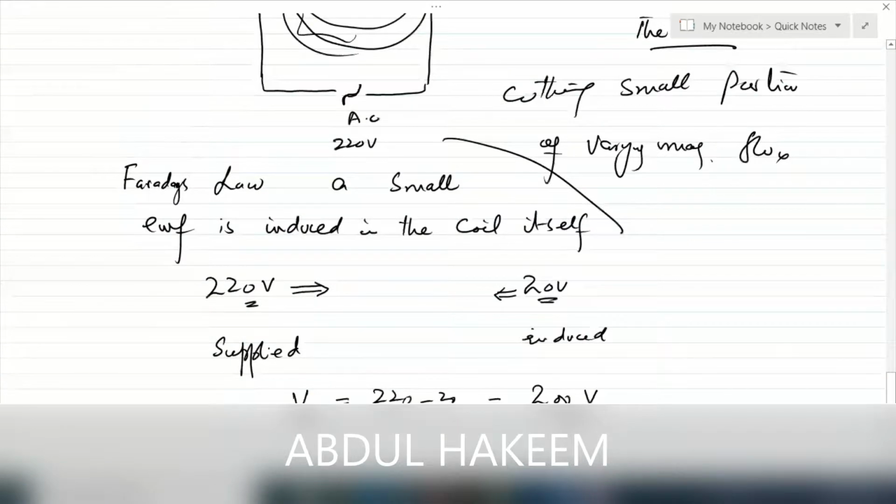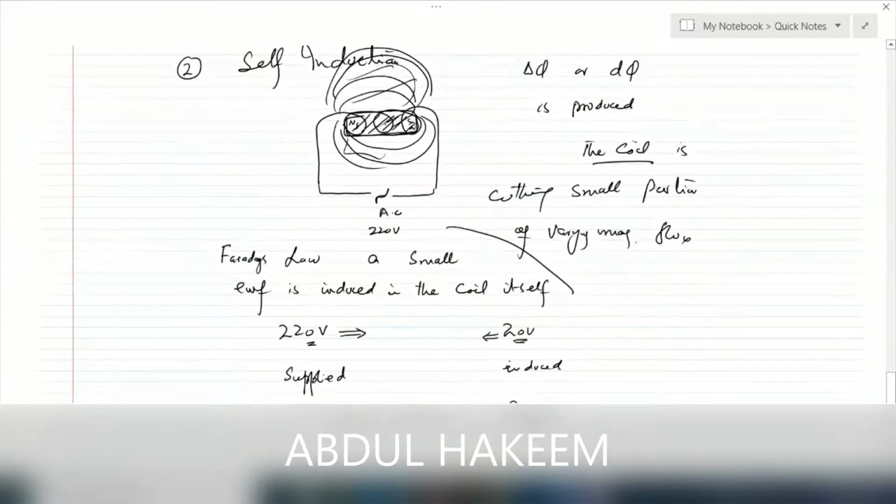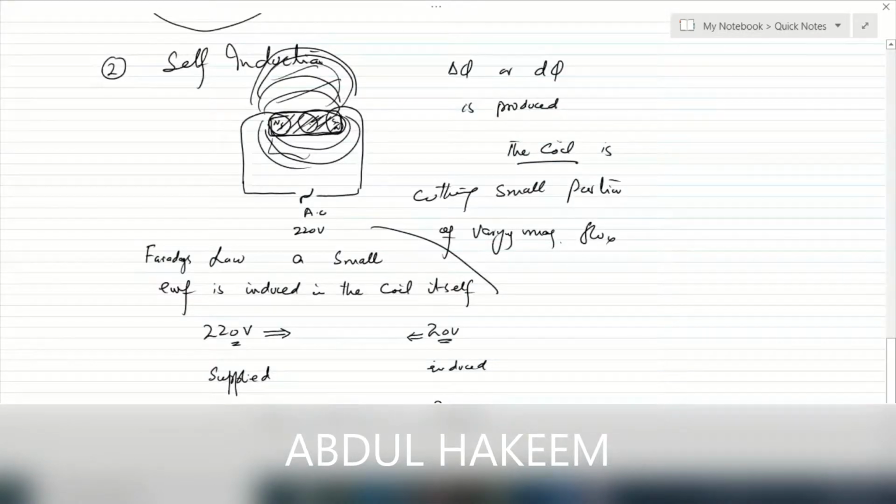So this is called self-induction. When a coil is connected with the alternating voltage, it provides varying magnetic flux. A small portion of the varying magnetic flux is cut by the coil itself. According to Faraday's law, a small EMF is induced in it.